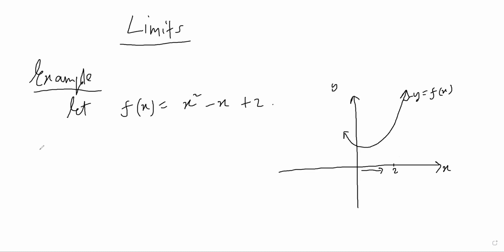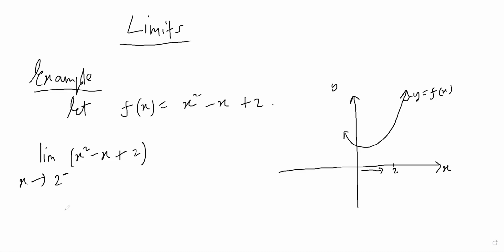The way I write this is in the following way. I want the limit of my function x squared minus x plus 2 as x is approaching 2 from the left. The way I indicate from the left is by putting a minus sign on the top right of 2.